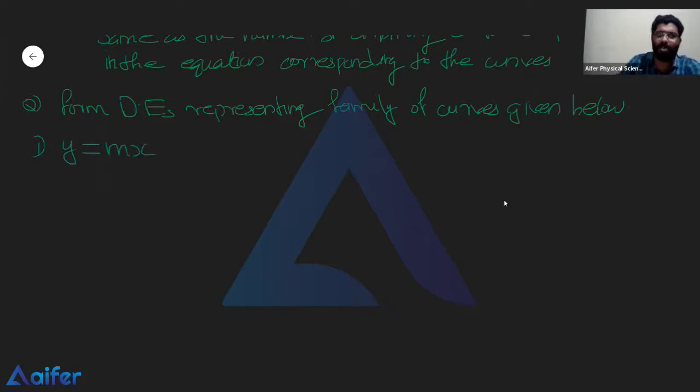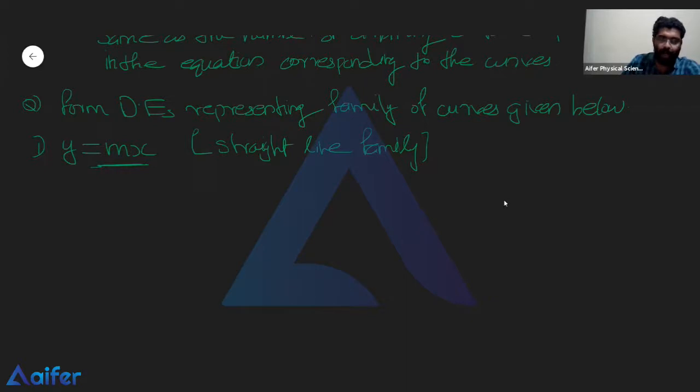You know this is the family of straight lines with different slopes. m can take any value, so it represents a family, not just a number. If m equal to 1, y equal to x, a single curve. Now it represents a family. So we want to find the differential equation corresponding to this family of curves.